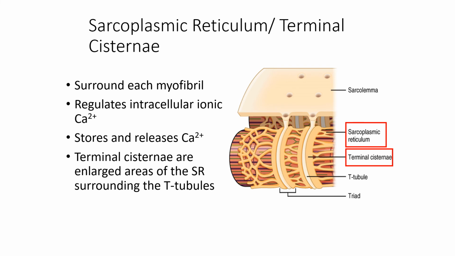It will then release it when an action potential courses down the transverse tubule, eliciting a muscle contraction. Because the terminal cisterna ensure rapid calcium delivery, they are well developed in muscles that contract quickly, such as our skeletal muscle.